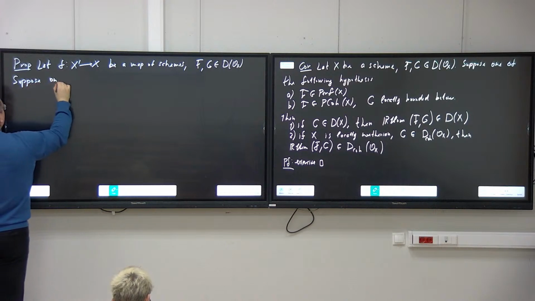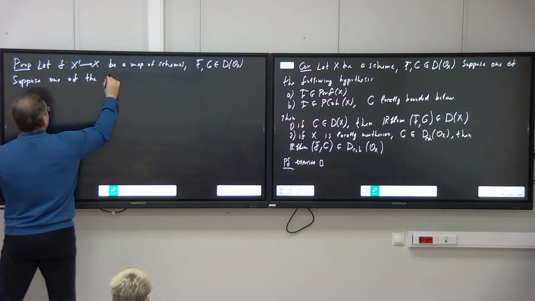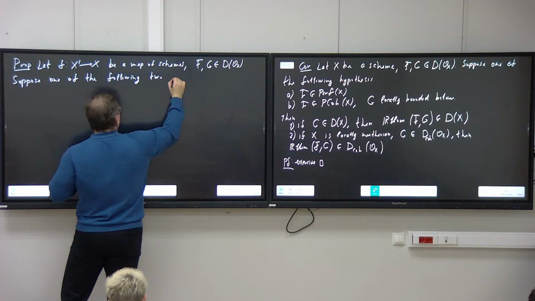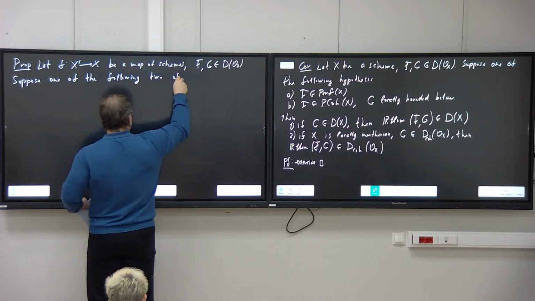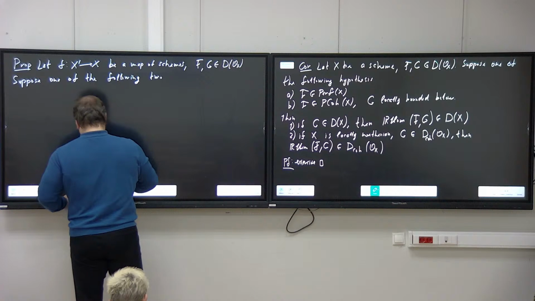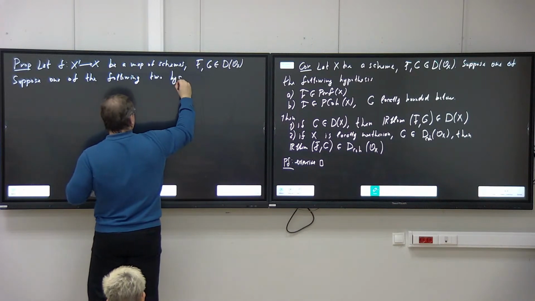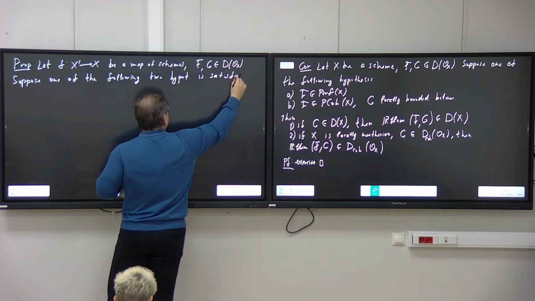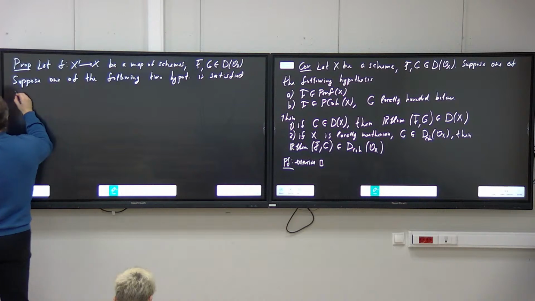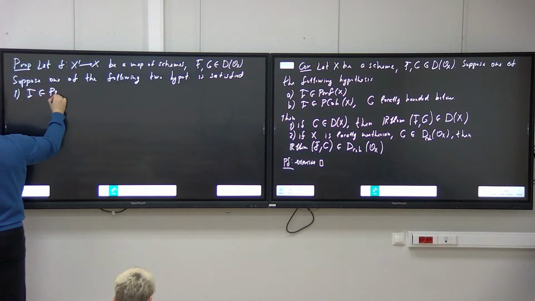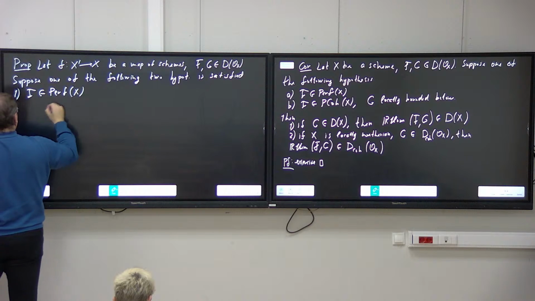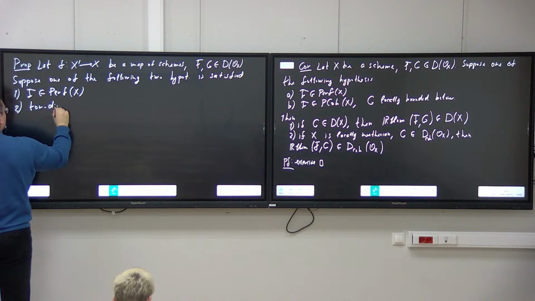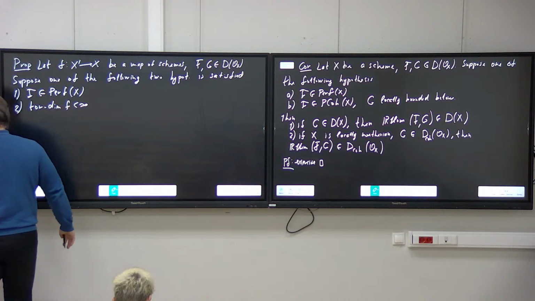One, f is perfect, and two, the Tor dimension of f is finite.